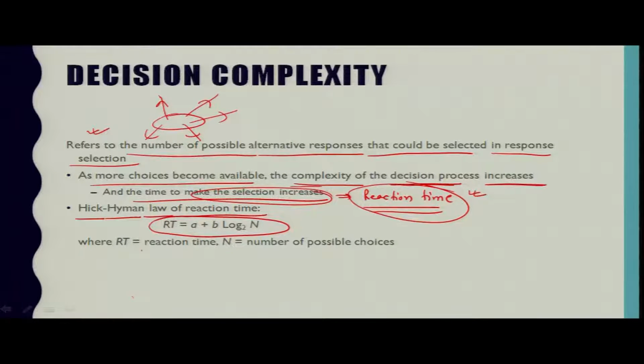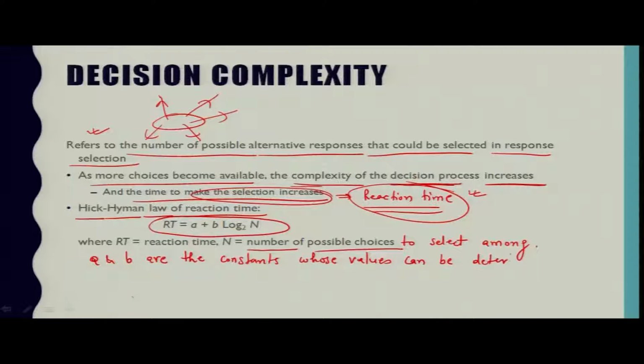RT is the reaction time and n is the number of possible choices to select among, and A and B are constants whose values can be determined empirically for a given situation.